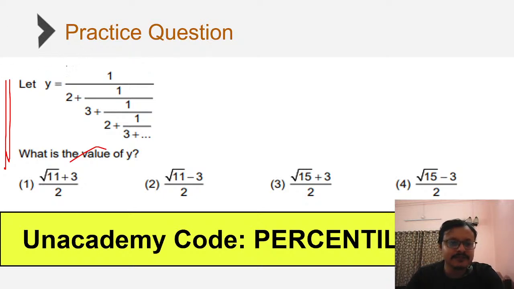The next question says, let y is equal to 1 by 2 plus 1 by 3 plus, and so on. The question is asking, what is the approximate value of y? So how do we do this? What is the value of y? Anybody? Answers?